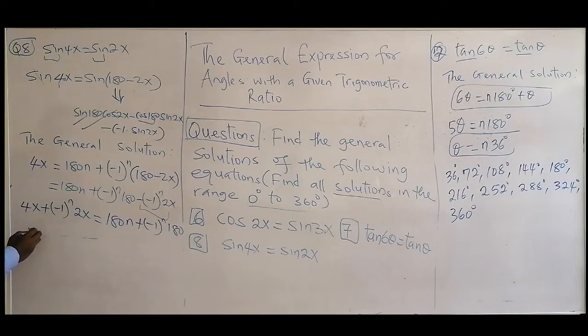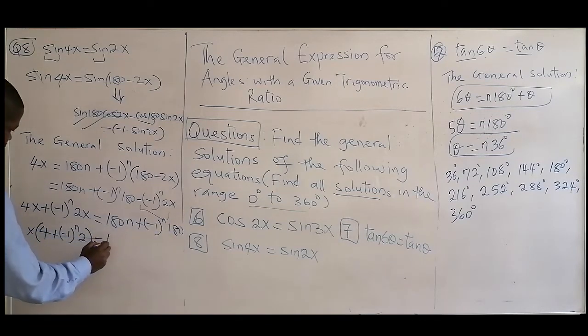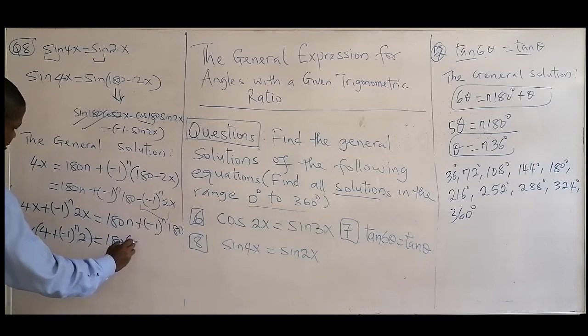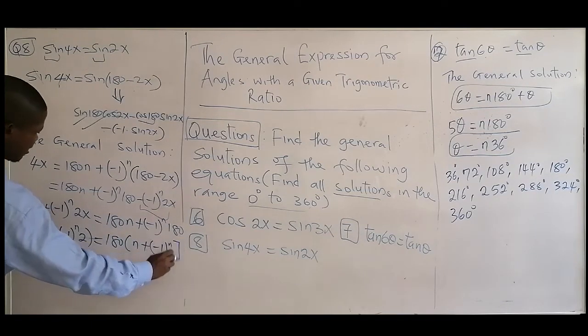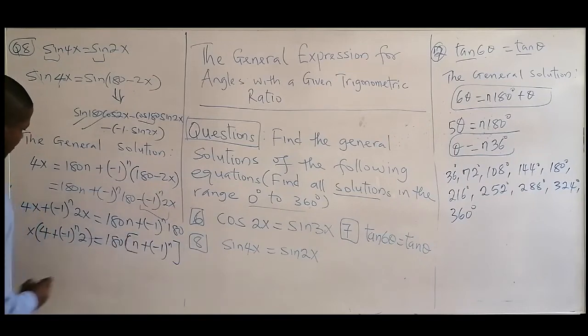X into brackets 4 plus minus 1 to power n times 2 equal to, if you like, you can also factorize the 180 into brackets n plus minus 1 power n. Let's count this one, let's use the sine.